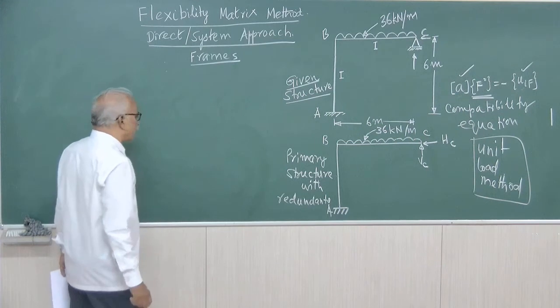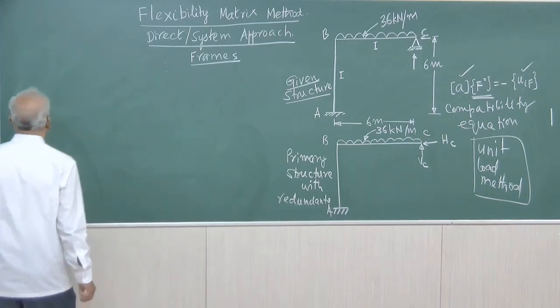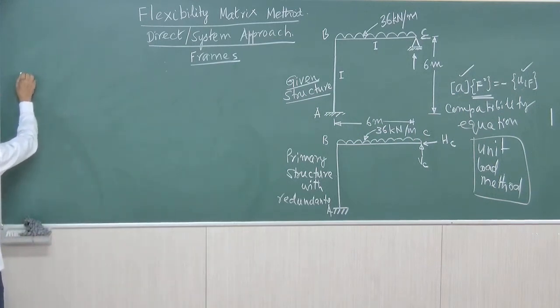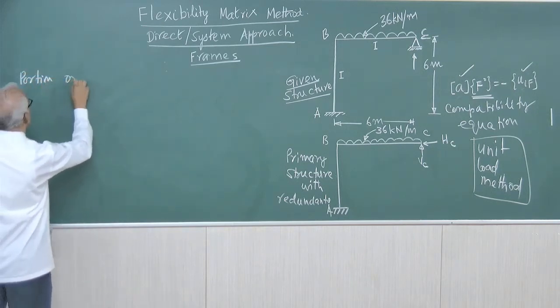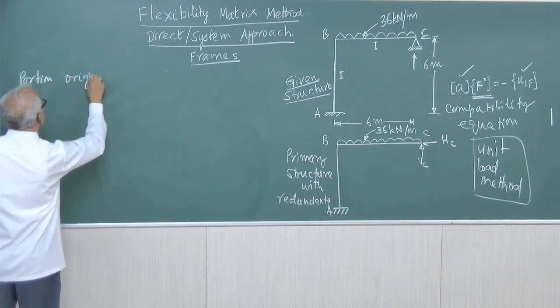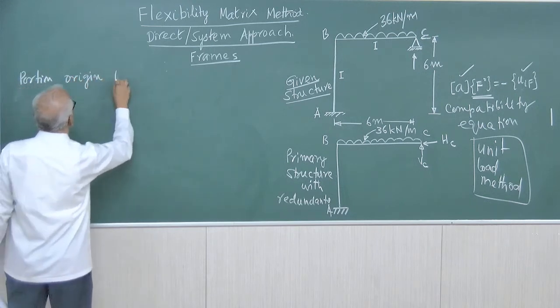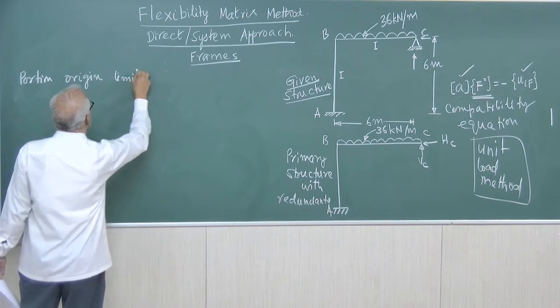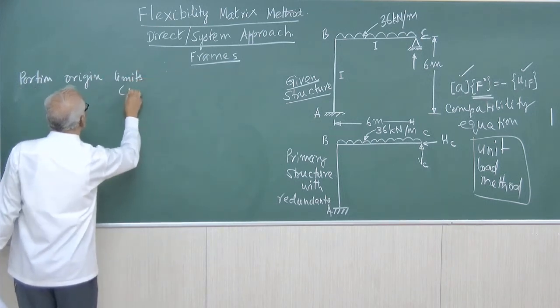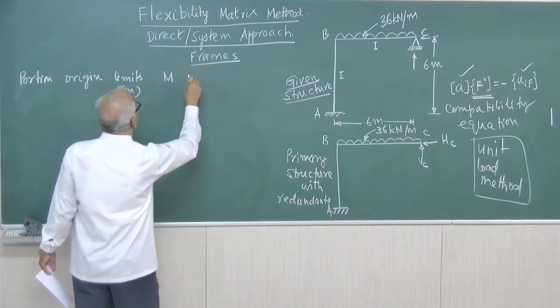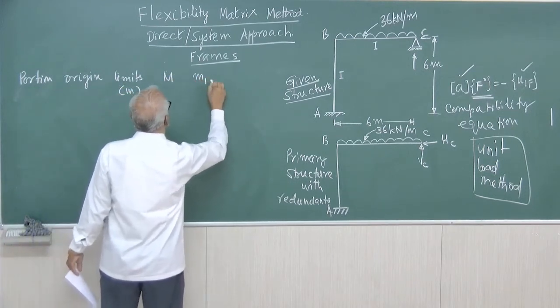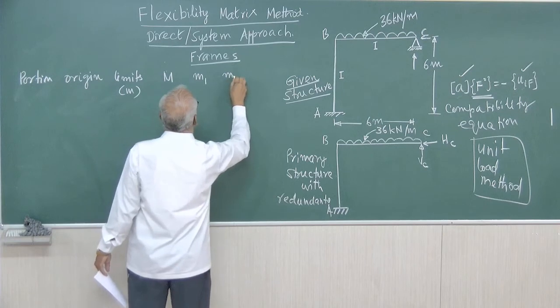Right. Now, for calculating displacements, we make a table with portion, origin, limits in meters, then M, then M1, then M2.